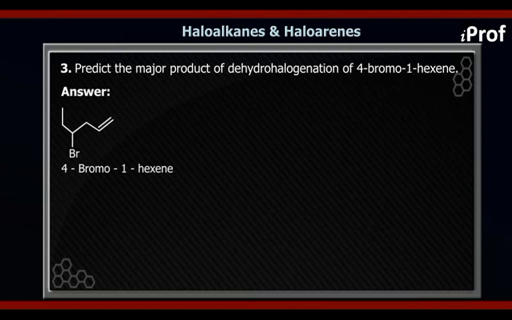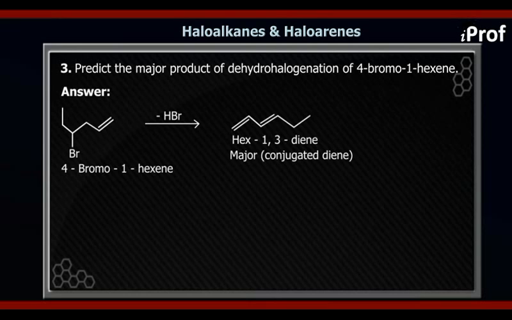Now, if the base picks hydrogen from the third carbon, then the product formed will be this, that is CH3, CH2, CH double bond, CH single bond, CH double bond, CH2.